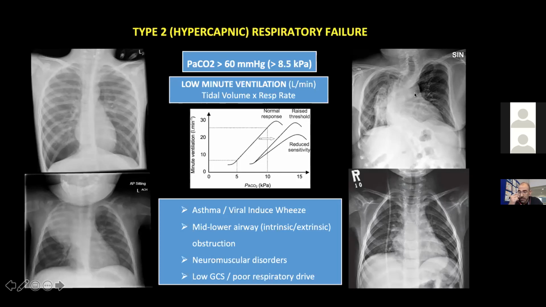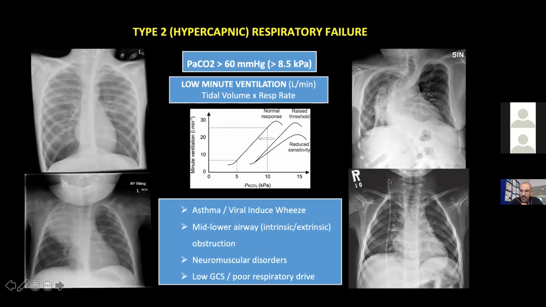These patients will have type 2 respiratory failure, and on some occasions they will also have type 1, but mostly they have type 2. They are so weak sometimes that they will need non-invasive ventilation at home to support their breathing.